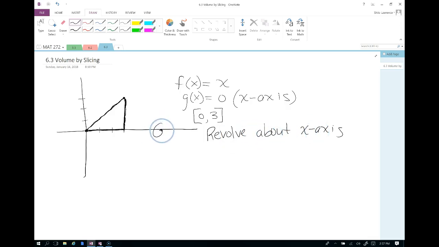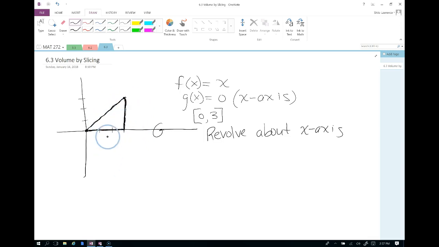So we're going around the x-axis, and when we do that, sometimes it's hard to visualize on a flat piece of paper, on the flat screen, but what's going to happen is this point up here is going to end up coming out towards us and doing a 360 all the way around that x-axis.